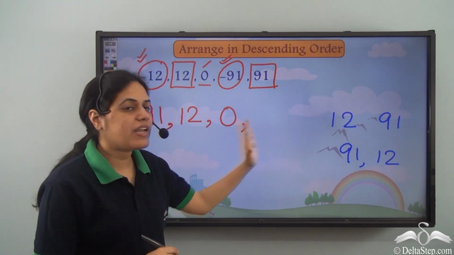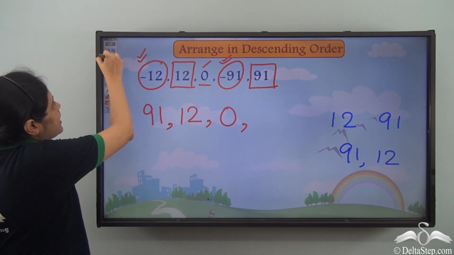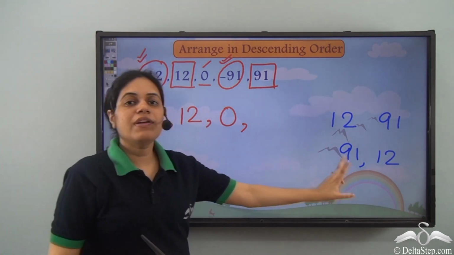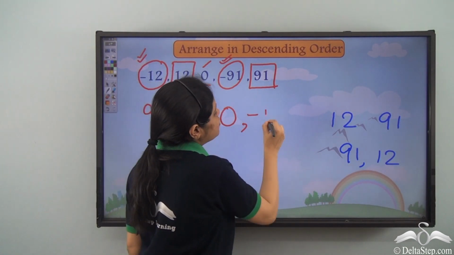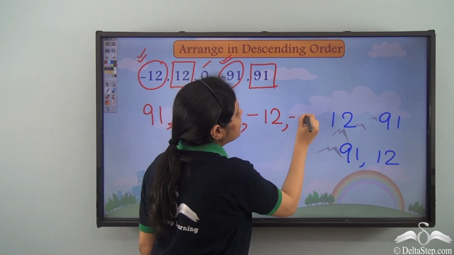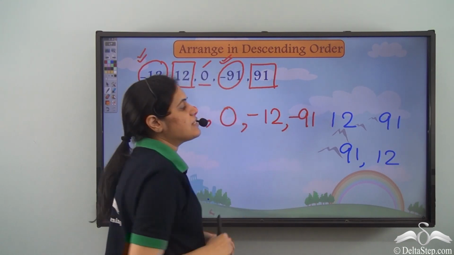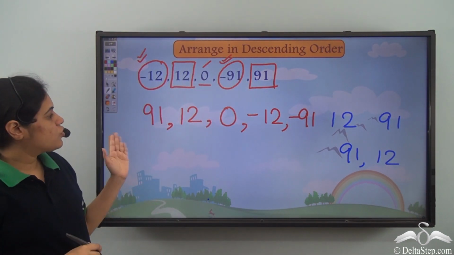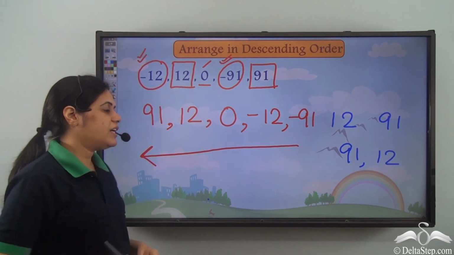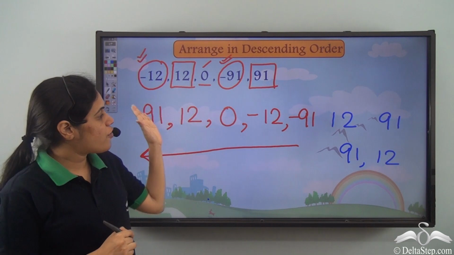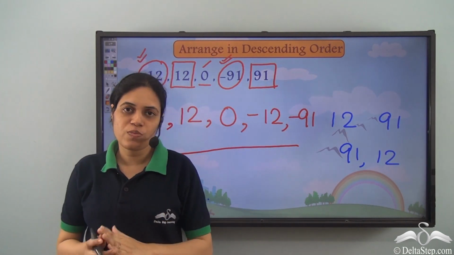But in the case of negative numbers, everything gets reversed. So even the order will get reversed. So I have -12, which is greater than -91. So these are the numbers arranged in descending order, that is from the largest to the smallest.